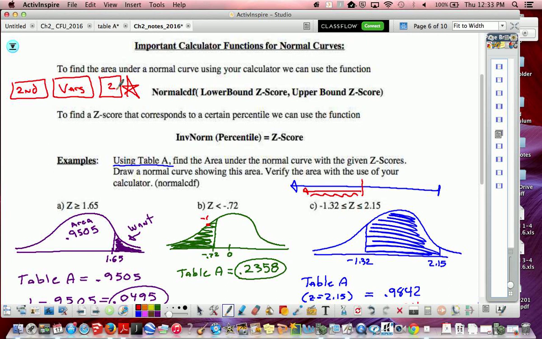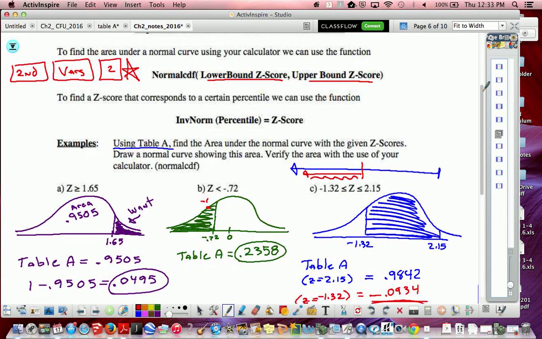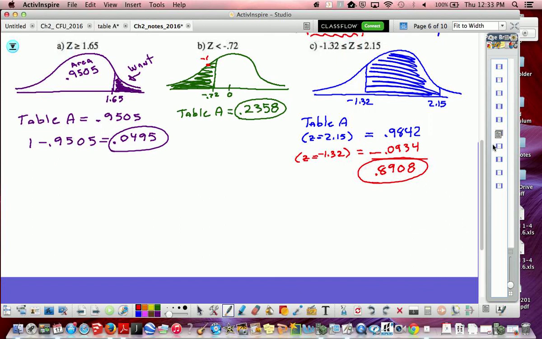So, what you have to enter in, however, is a lower bound z-score and an upper bound z-score. So if I go back to these problems right here, if I want to do this first one on my calculator, I'd have to go normal CDF, and now I have to enter in two values.